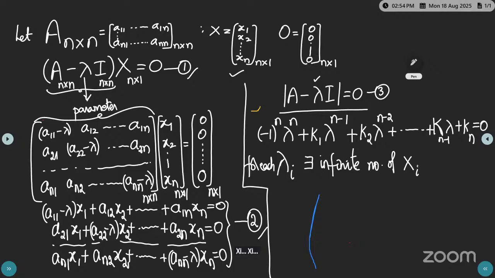These xi values are known as eigen solutions or characteristic solutions or eigenvectors. Okay, eigenvectors.